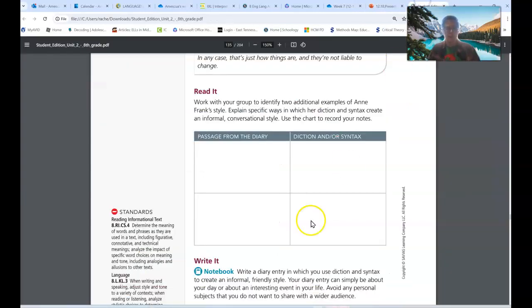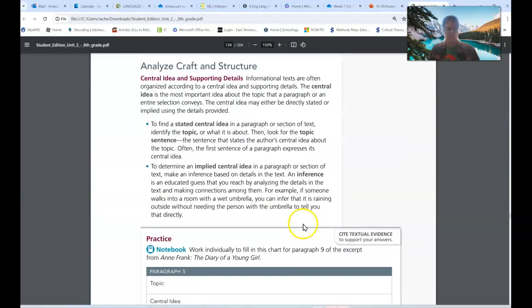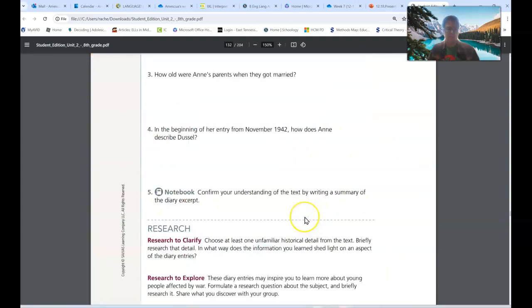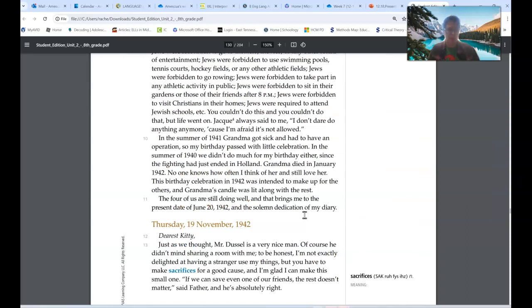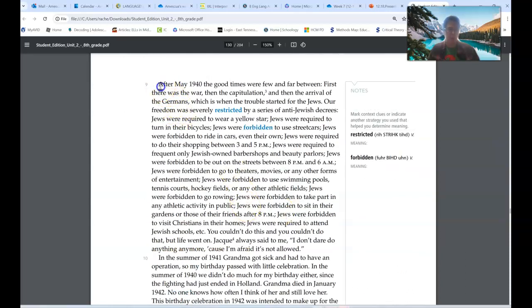So let's look at the text real quick. So going back to paragraph 9, here is paragraph 9. After May 1940, the good times were few and far between.